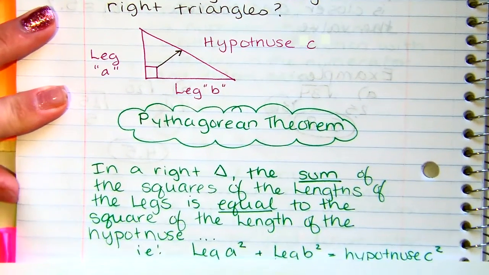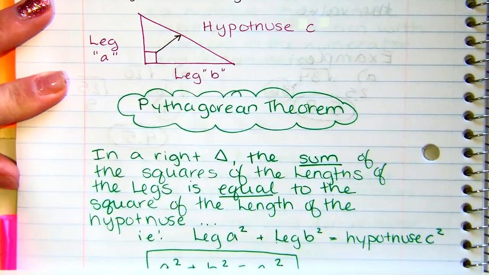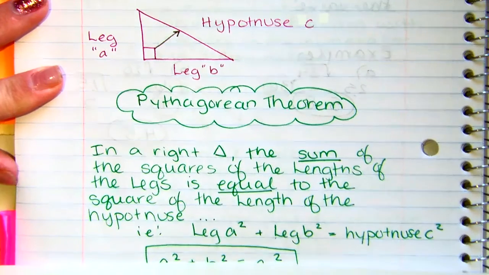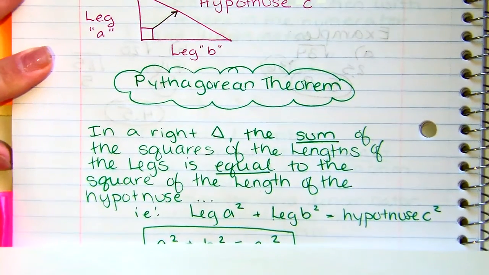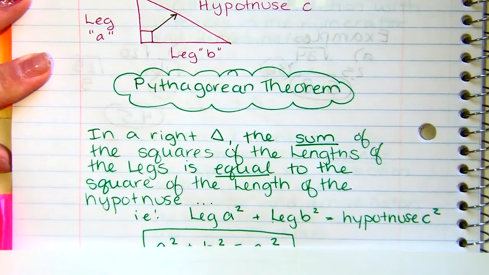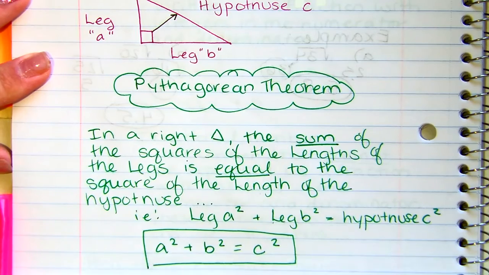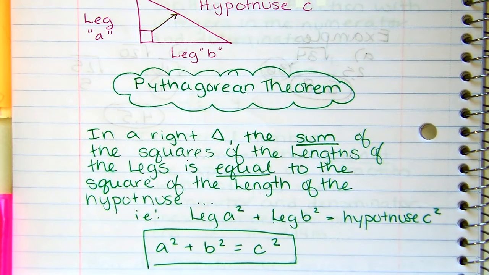In other words, leg A squared plus leg B squared equals the hypotenuse C squared, otherwise known as A squared plus B squared equals C squared. This equation is going to be your best friend. On your assignment today, we are going to be writing it down. You are going to get to know this equation very, very well.